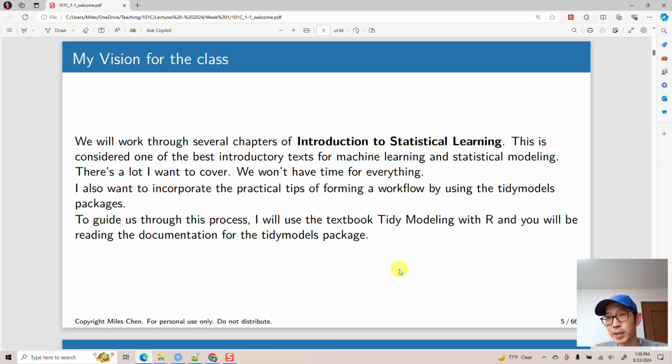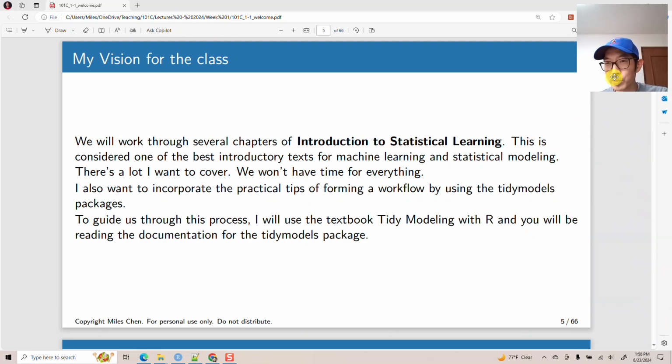And my hope is that these projects will be challenging, but also a good opportunity to learn and understand how to do statistical modeling. There's a lot that I want to cover. Unfortunately, I don't think we'll be able to fit everything that we have within those 6 weeks.